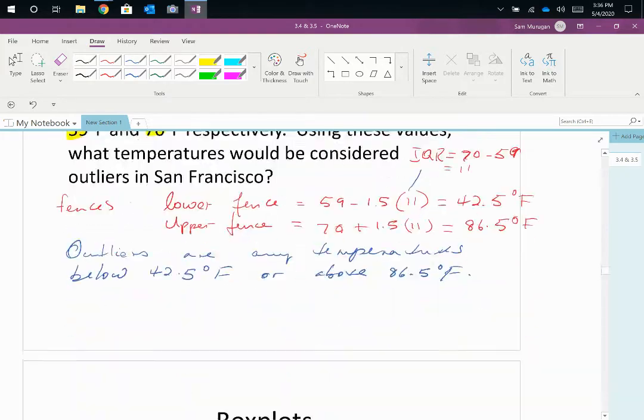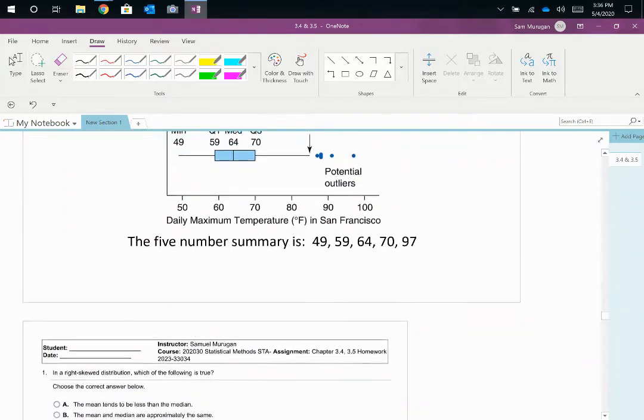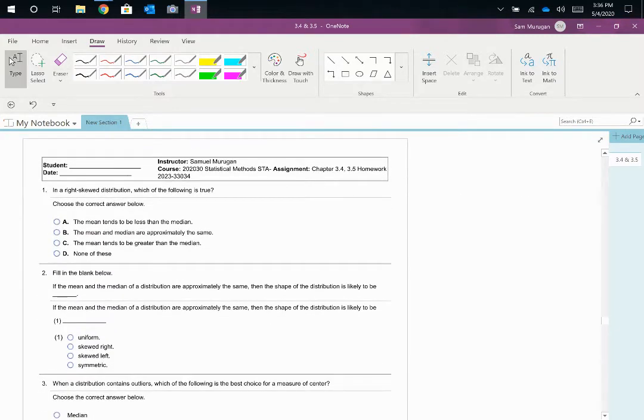So what we're going to do, we're not going to actually plot the quartile data. Instead, we're going to answer questions looking at the quartile data. The first few questions here are actually related to the notes, so I don't think I should answer these for you.